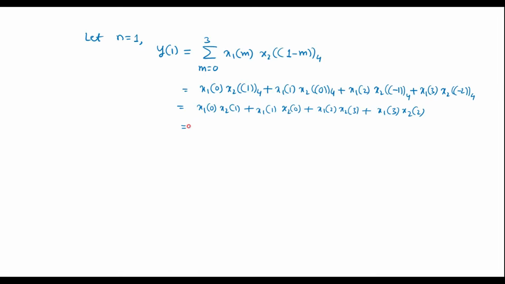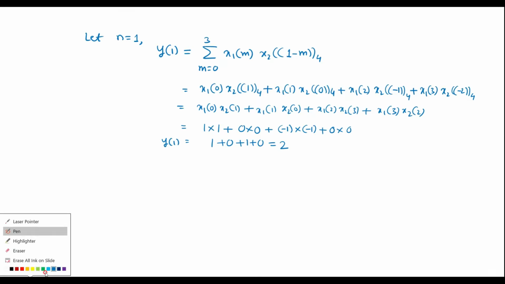Let me substitute the values. 1 into x2 of 1 is 1, plus x1 of 1 is 0 into x2 of 0 is 0, plus x1 of 2 is minus 1 into x2 of 3 is minus 1, plus x1 of 3 is 0 into x2 of 2 is 0. So simplifying this we get 1 plus 0 plus 1 plus 0, which is equal to 2.